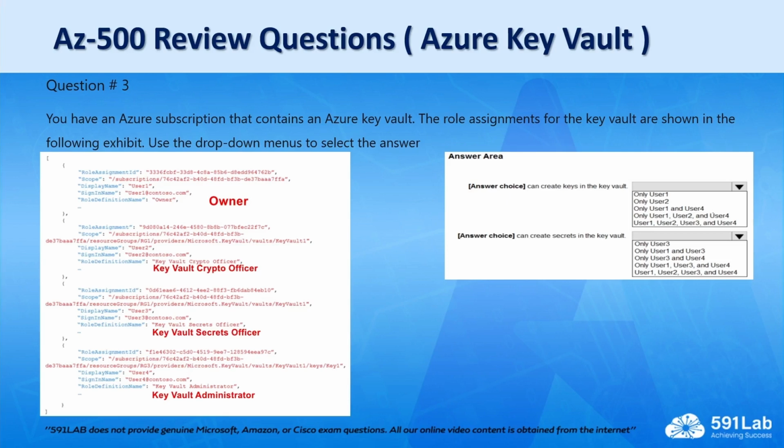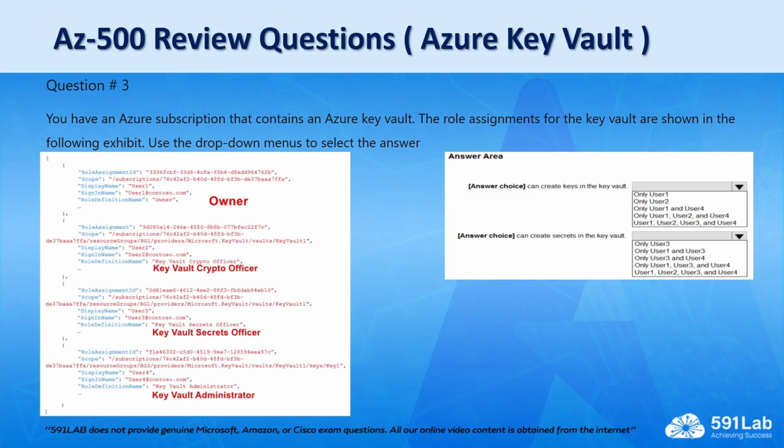Can create secrets in the Key Vault. So we know Owner and Key Vault Administrator have complete and full access on the Key Vault. So both of them will be able to create secrets also. It could be user 1 and user 4. Now we need to select whether it should be user 2 or user 3.